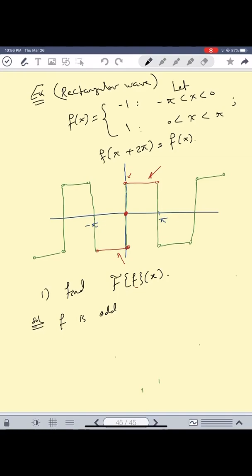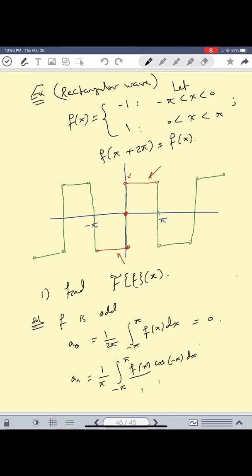When the function is odd, when you compute a0, which is 1 over 2 pi integral from minus pi to pi of f of x dx, the function being odd, this integral is 0. The same for an. Because the function is odd, the cosine is even, the product of an odd with an even function is odd.